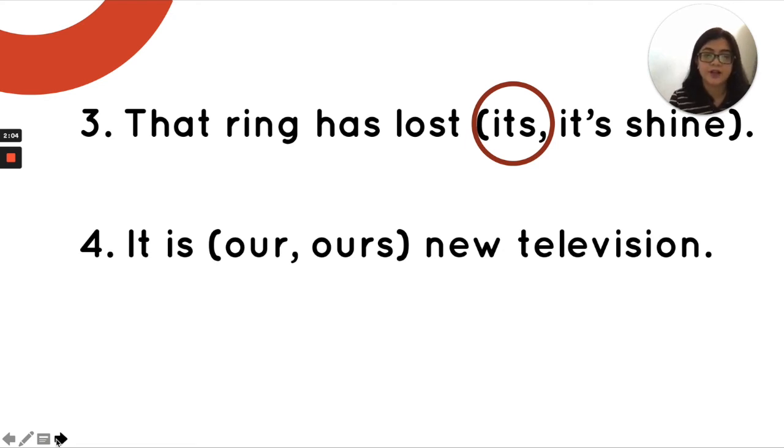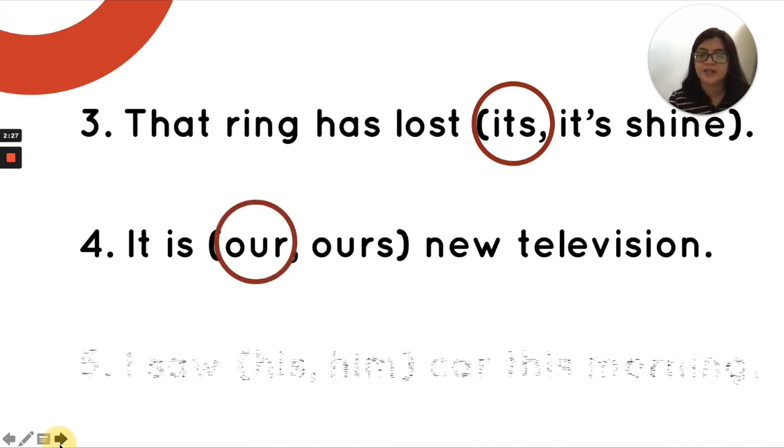Remember, you will use the one with s if it is after the noun it owns. Okay, so it is our new television because the noun it owns, the television, is after the possessive pronoun. So it is our television.